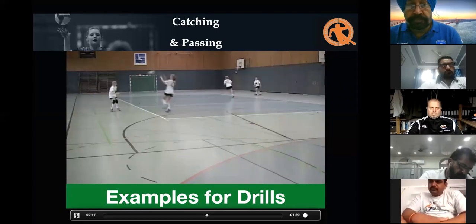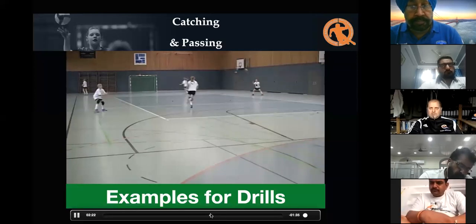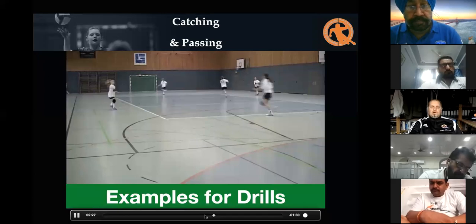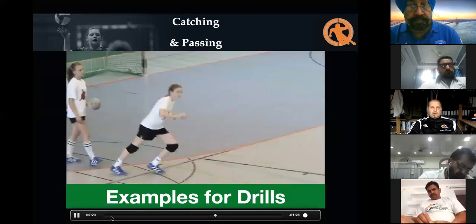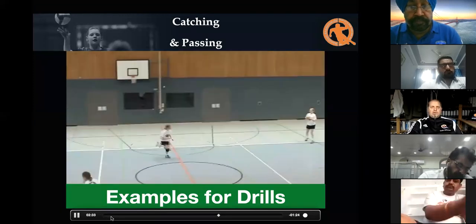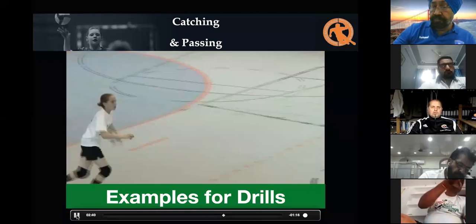So once again here, and after this you will see the next step. In this next step, you can see now the different move of the players: pass and run in the other direction. And this is a very nice give and go thing again. So now she's receiving the ball.